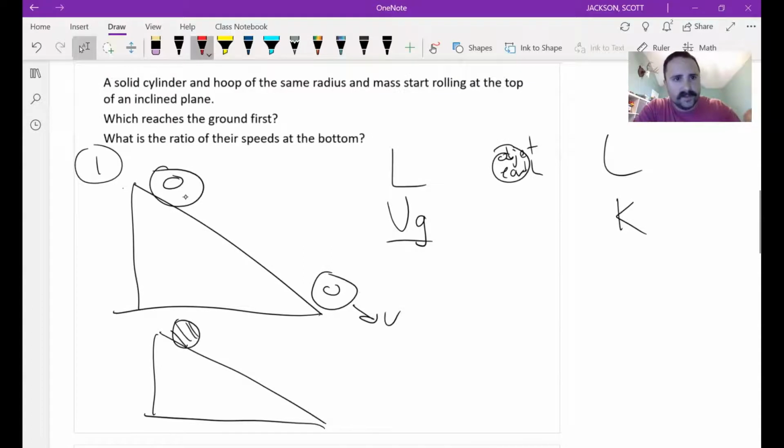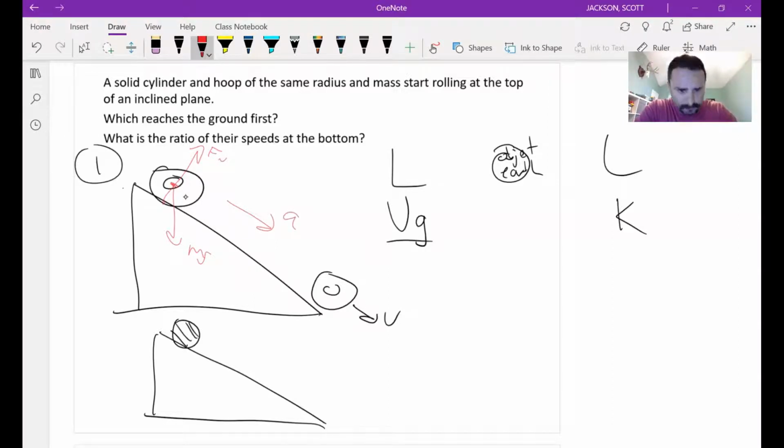And so let's think about this. My forces, I got gravity, normal force because it's perpendicular. So if these were the forces, do either of these create a torque? The answer is no. They both go through the axis of rotation, so those do not create a torque. So where would friction go? Well, this now goes to the rolling friction that we just talked about.